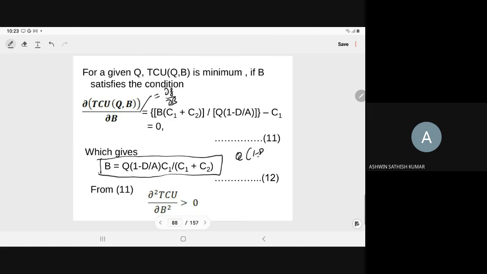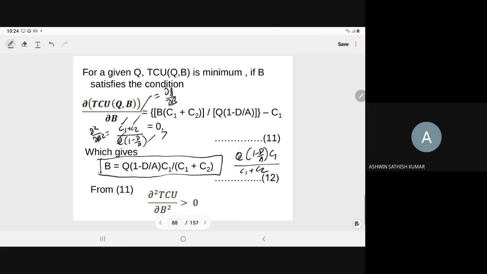Then if you compute del 2 upon del B2, you have C1 plus C2 upon Q(1 - D/A). This is positive, and since D is less than A, D upon A is less than 1, so 1 minus D upon A is also positive.